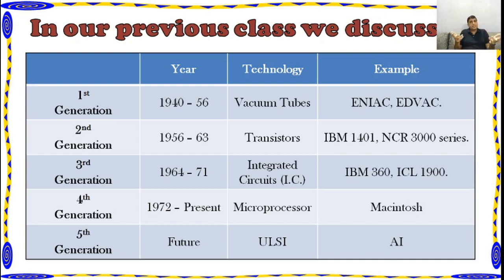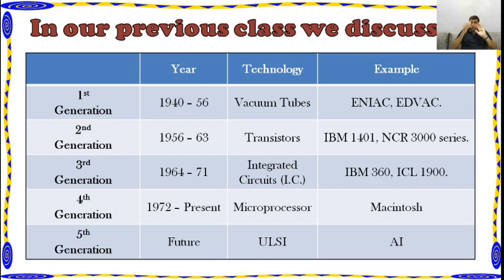Suppose I make a mistake today, I will learn from my mistake and I will not commit the same mistake again. Nobody will come and teach me, but my mistake has taught me. Similarly, when the computers start to learn from things around, that is when you have artificial intelligence. You have given computers the ability to think for themselves. So that is the fifth generation computers.